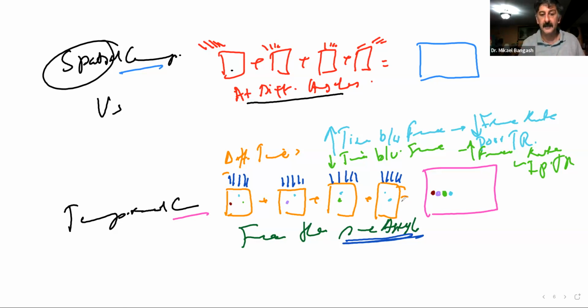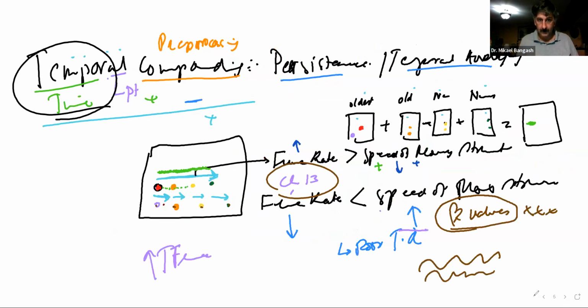So the angle remained the same, but the time at which they were taken is different. In that way, we may be able to follow a slow moving structure. The relation, as I said earlier, is that if your frame rate is greater than the speed of the moving structure, we have a good temporal compounding.